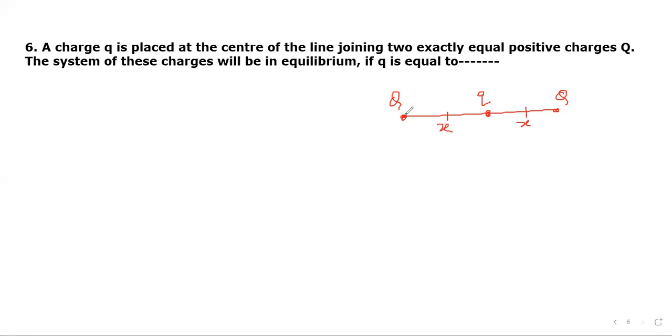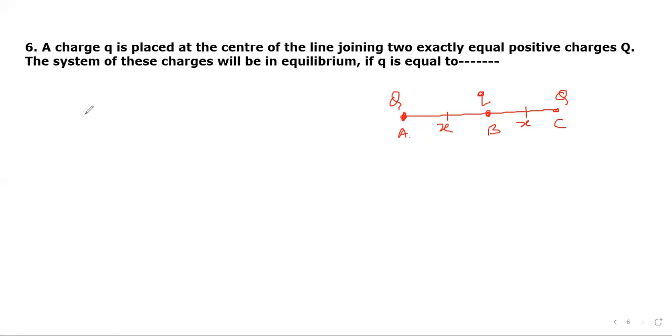So we consider the net force on this. Since the system is in equilibrium, we can say that the net force on the charge at point A will be 0. It is only possible when small q is negative.